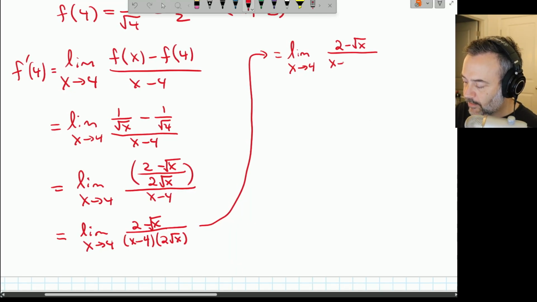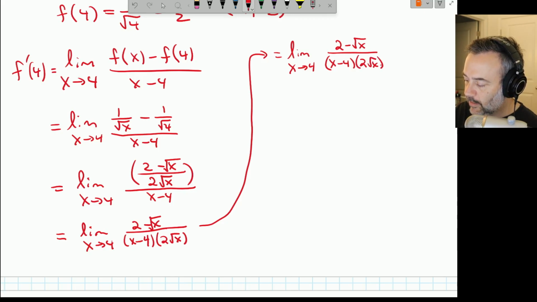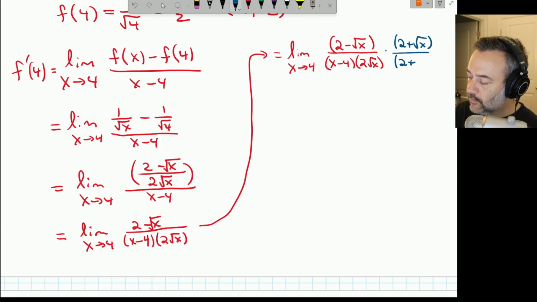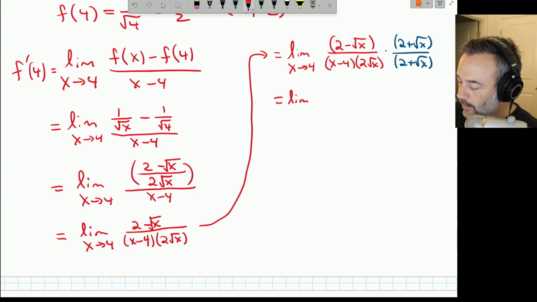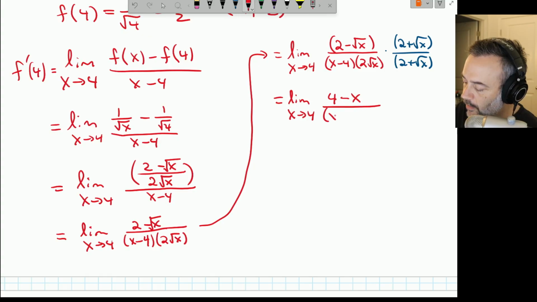What do I have? X minus 4 over, or times 2 root x. But I can see that I need to multiply by the conjugate. So I'm going to multiply by 2 plus root x over 2 plus root x. And we've got the limit as x goes to 4 of, now let's be careful here, 4 minus x over x minus 4 times 2 root x.